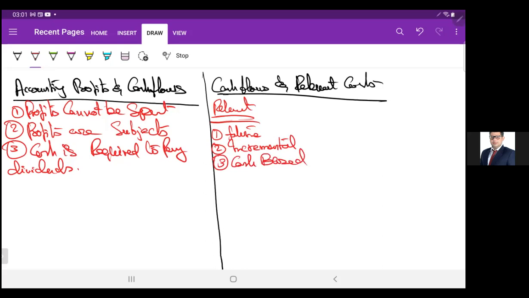Now, which cash flows to ignore? Very simple. You have to ignore, number one, sunk cost, which has been incurred in the past. Number two, the committed cost, the cost which you have already committed. Number three, non-cash items.